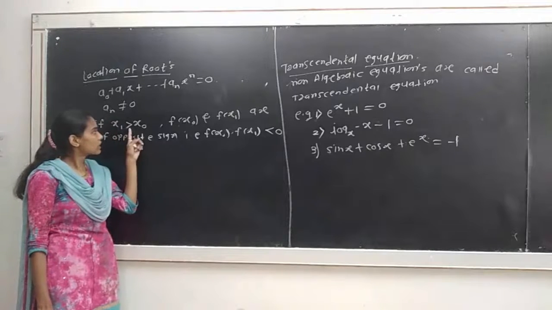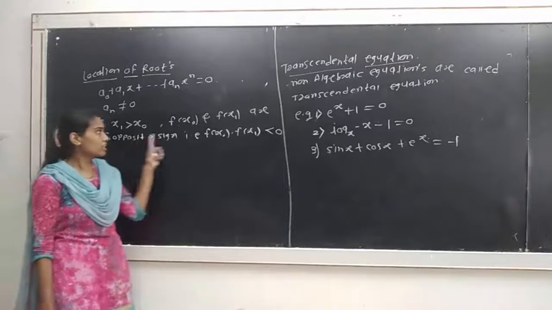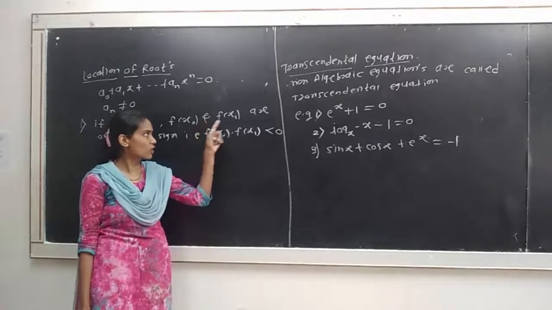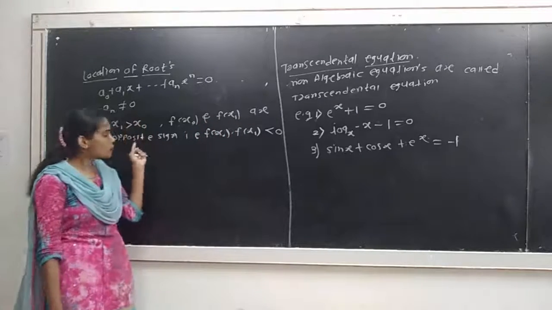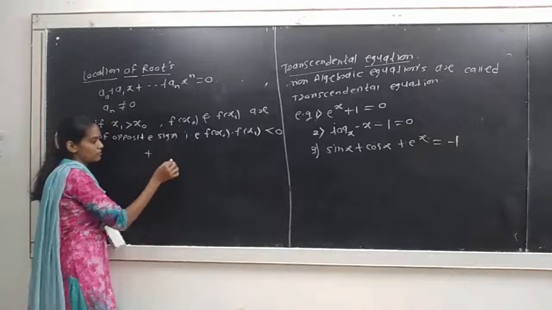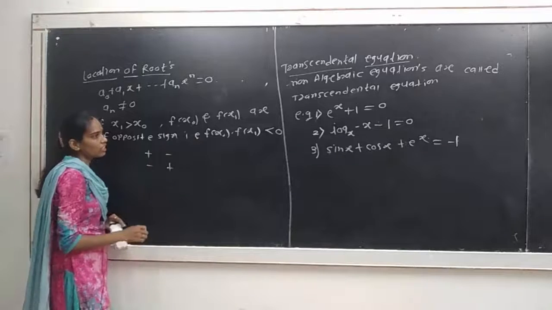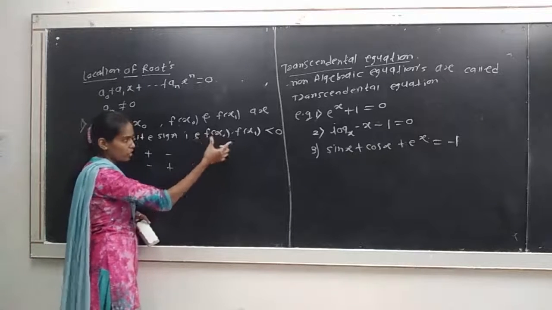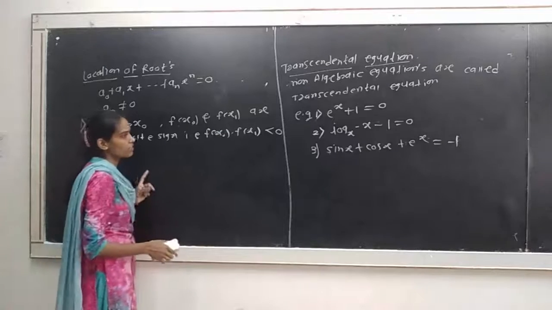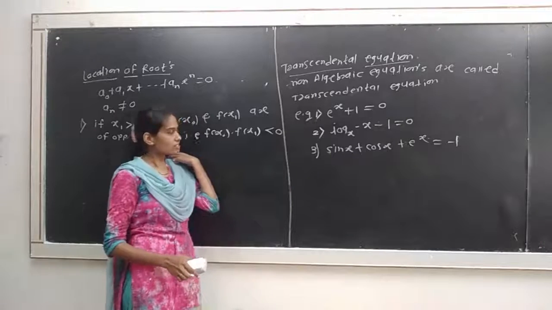If x1 is greater than x0, where x0, x1 are two real numbers, with f of x0 and f of x1 the values of the function at points x0 and x1 being of opposite sign, that means f of x0 is plus and f of x1 is minus, or minus plus in this combination, then if we take the product of these two values f of x0 and f of x1, we always get a value less than 0.